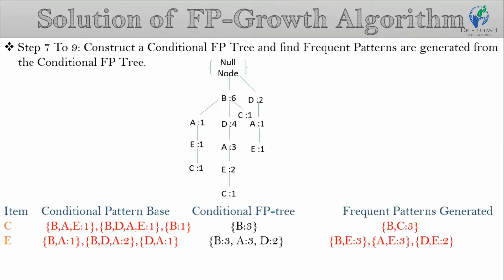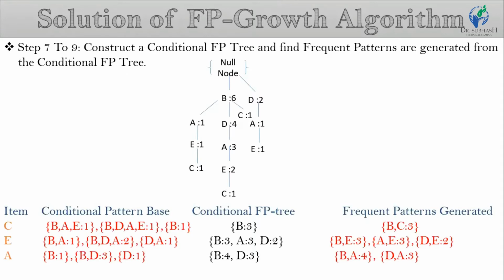Now see the next lowest node, item A. A occurs in 3 branches: B, A; B, D, A; and the third branch is D, A. So, considering A as suffix, the prefix paths will be B: 1, B, D: 3, D: 1.